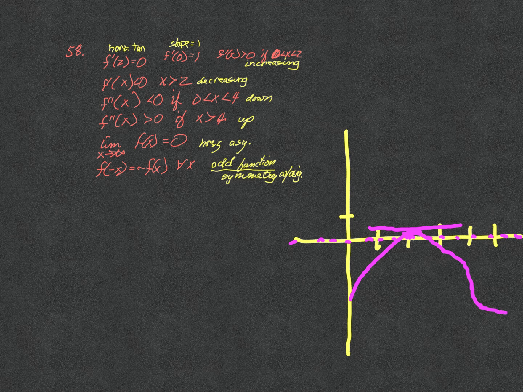So I'm thinking about it, horizontal asymptote 0. What happens is I'm going up to some point 2 where I have a horizontal tangent. So I know this is curved like that. I don't know how long it is. They don't give me starting values or anything.